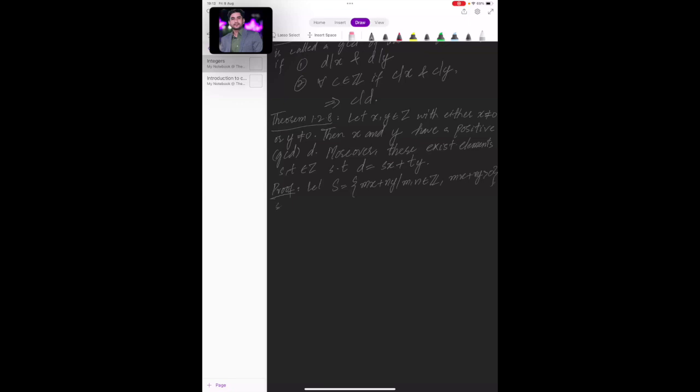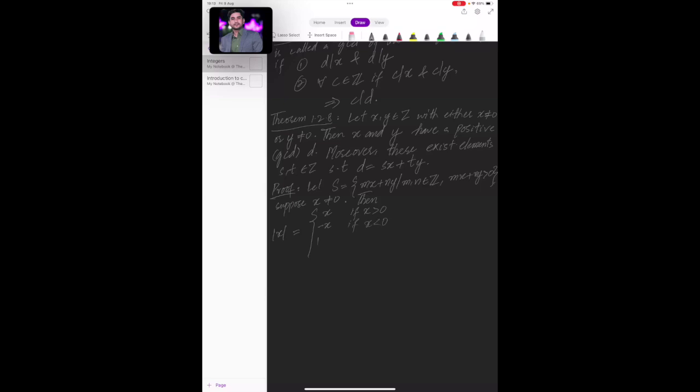We suppose X is not 0. Then the absolute value of X will be equal to X if X is greater than 0, and minus X if X is less than 0.